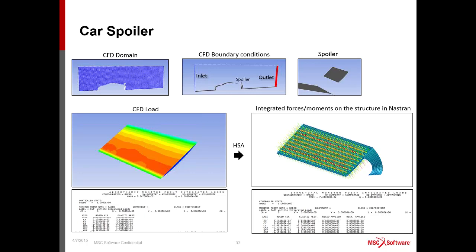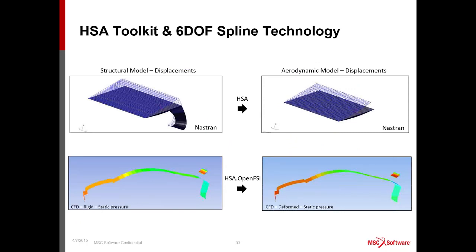As in the previous case, we are able to get the same load on the structure. As you can see from the left side to the right side, we employ the toolkit and we get the same load. And after, when Nastran gets the structural displacement due to the CFD load, it deforms the structure, and then gets the interpolation of the structural displacement on the aerodynamic mesh and sends this information to the CFD code.